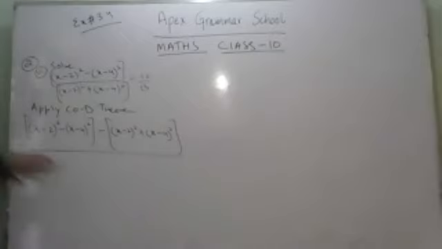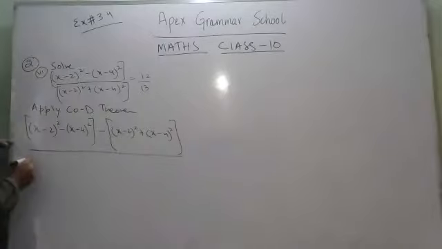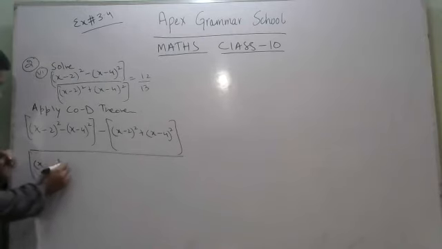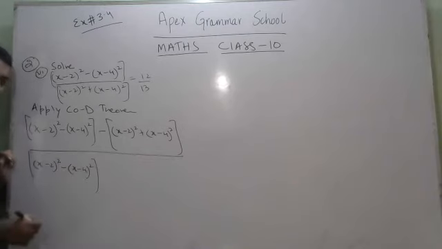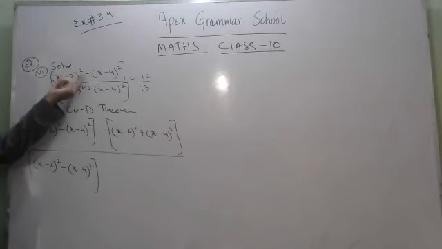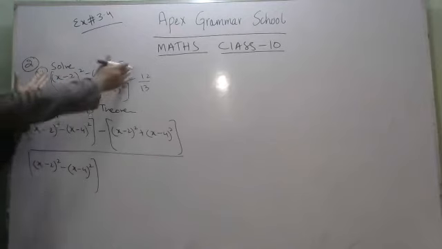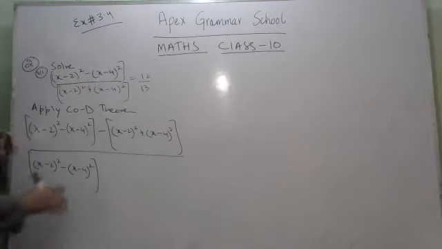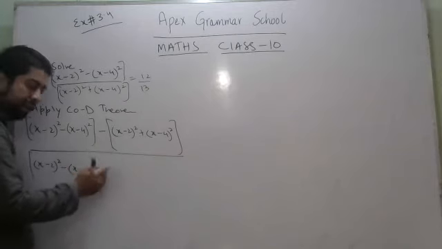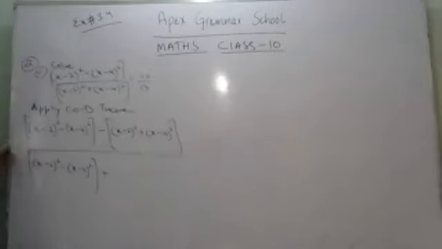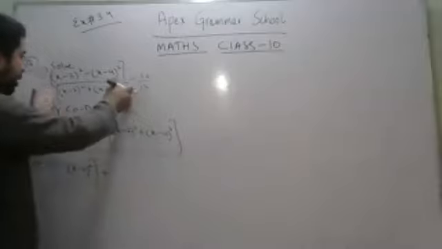After that, for the denominator, I will apply a positive operation. So the numerator is just like this. I can't change this sign because this is already the sign given. Now I will apply the positive operation in the denominator.